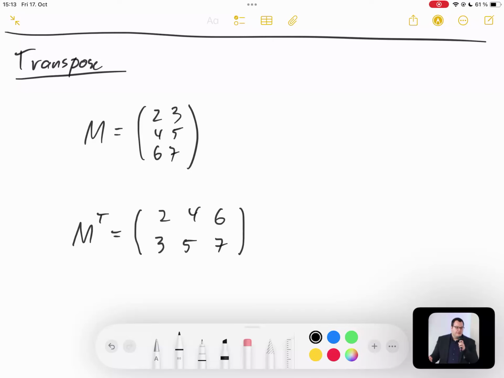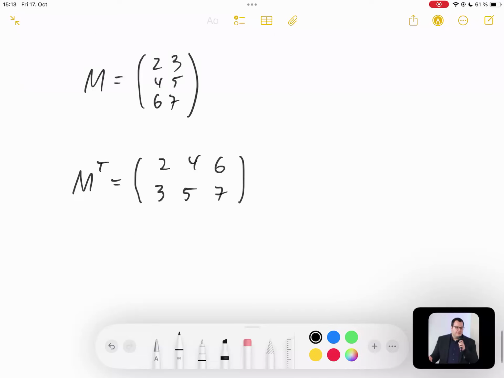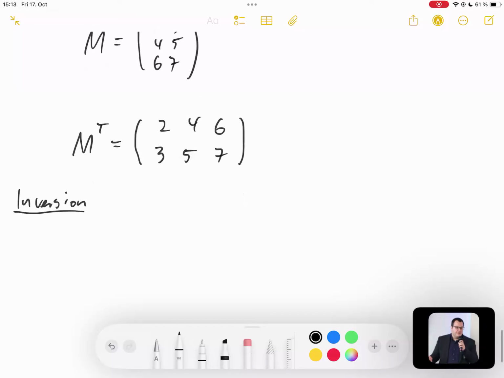And then there is another concept, the inversion. If I have a matrix and I multiply it with its inverse, what is the result when I multiply a matrix with its inversion?